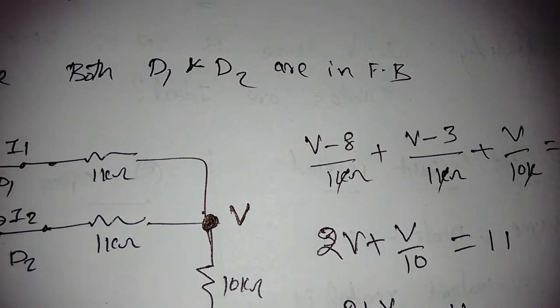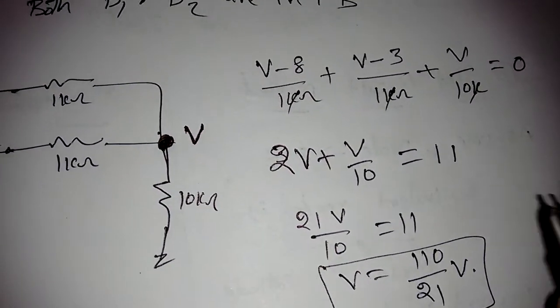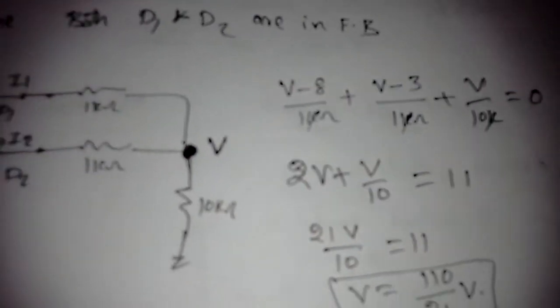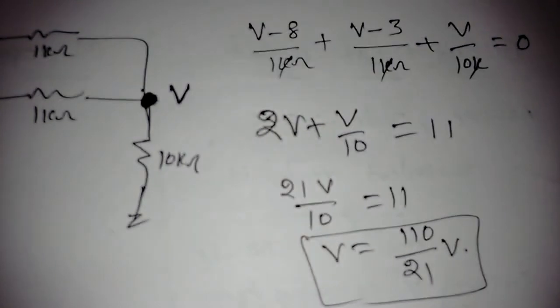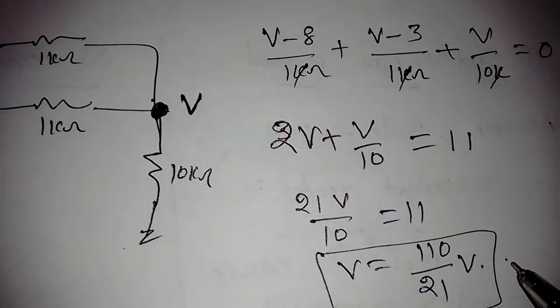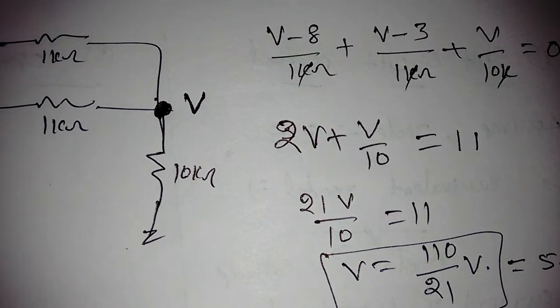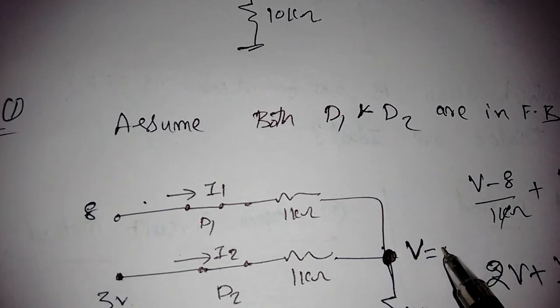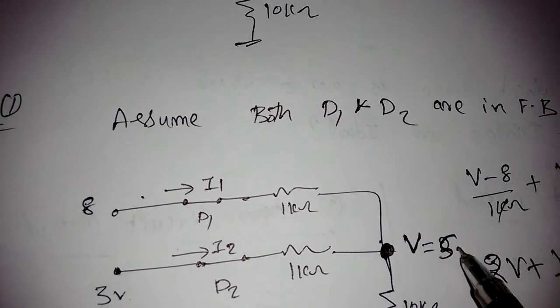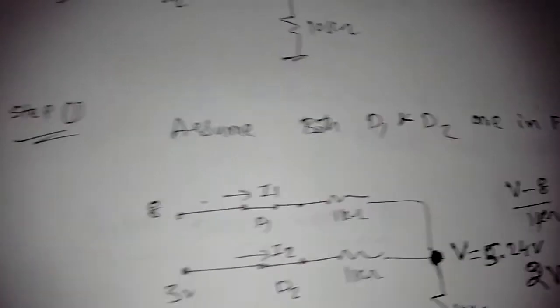This is the voltage at this node V. 110 by 21 is 5.24 volts. So that means we are getting 5.24 volts here.